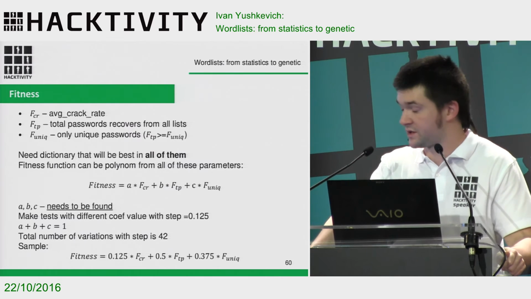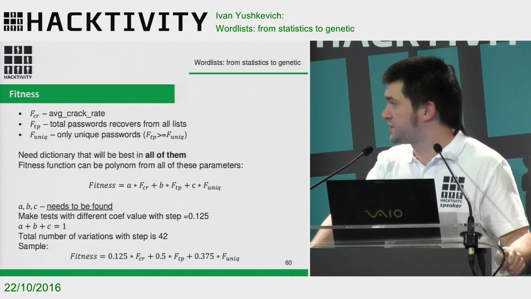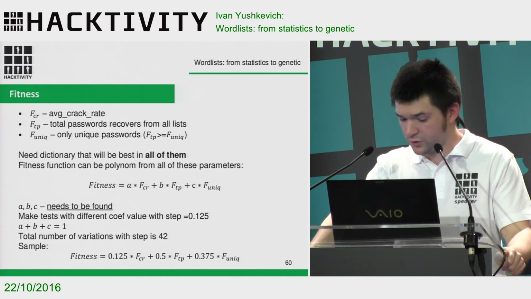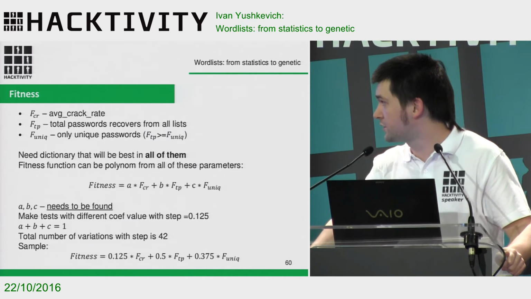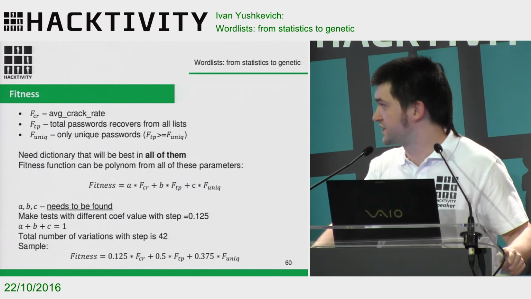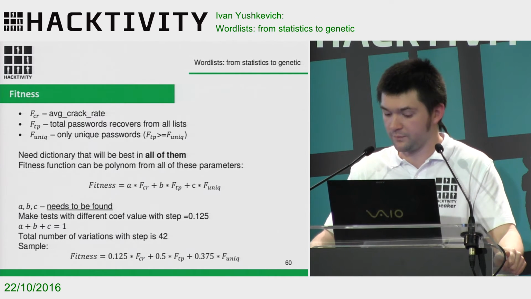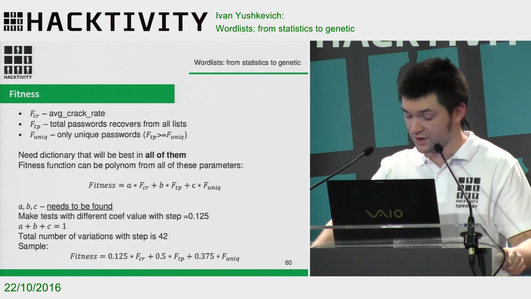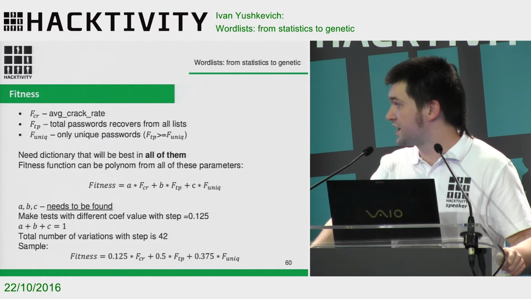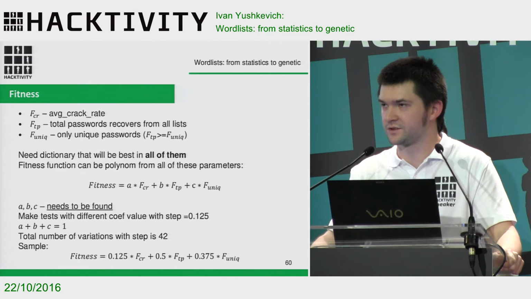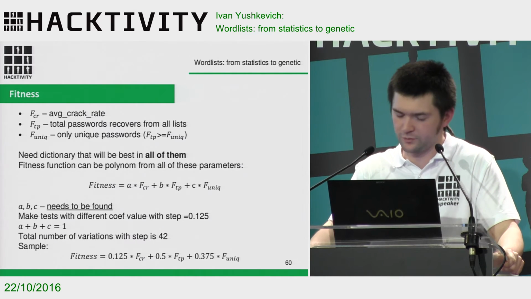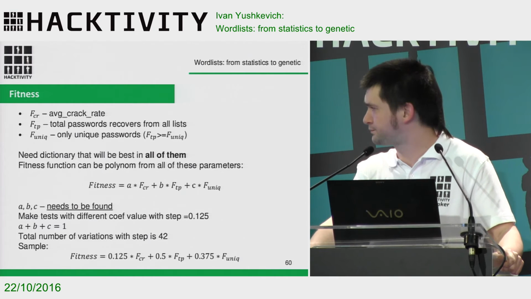One condition is that the sum of these coefficients must be 1, which was made to make the calculation more convenient. So I need to find these coefficients. I chose a step of 0.125 and got a total number of variations of 42.